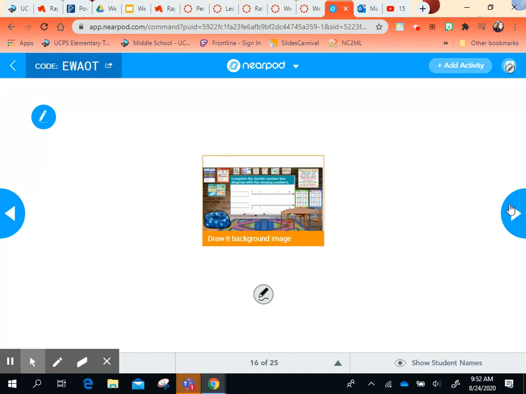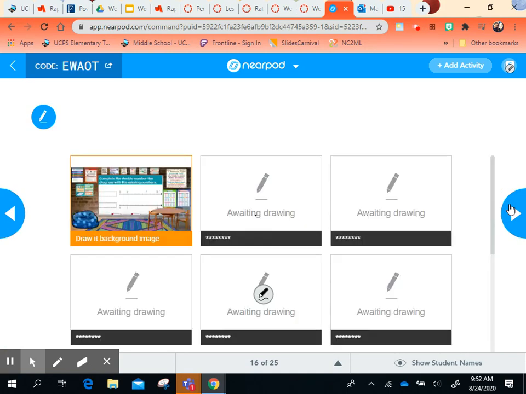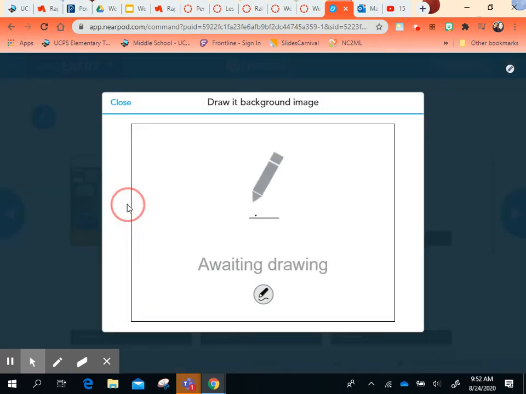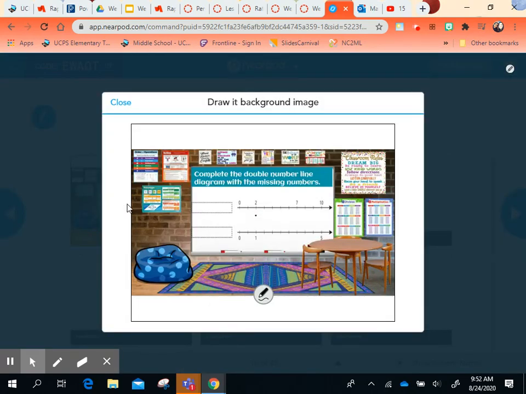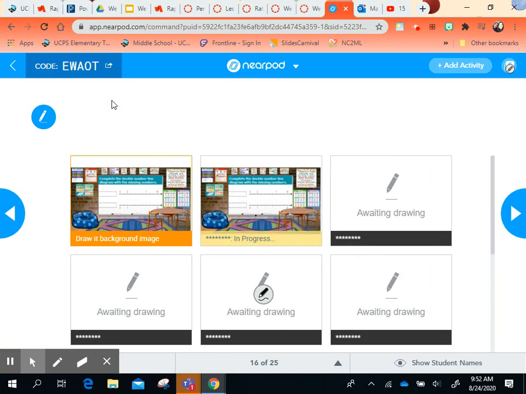And now keep in mind, when I put up the answers, it's not just those of you who are in here, but also those of them that are at home. Okay, so for this question, it says complete the double number line diagram with the missing numbers. So I want you to take a look at that double number line.